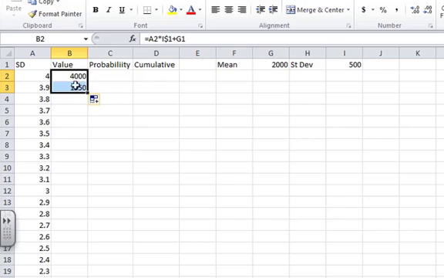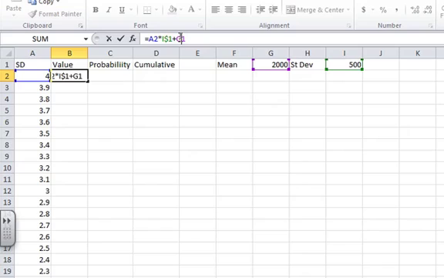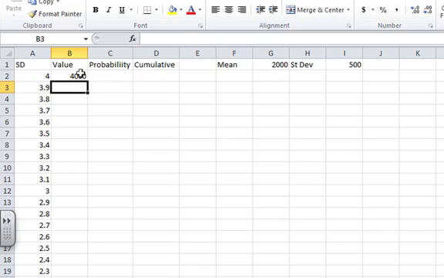And if we copy this down, it didn't work because we didn't have our global reference for the mean. So I have to put a $ sign. And now when we copy it down, it should work out.